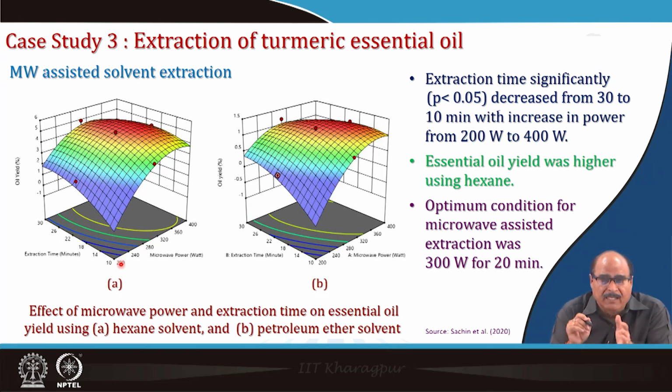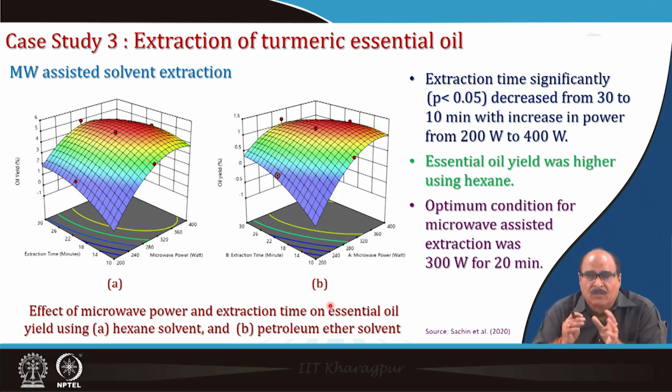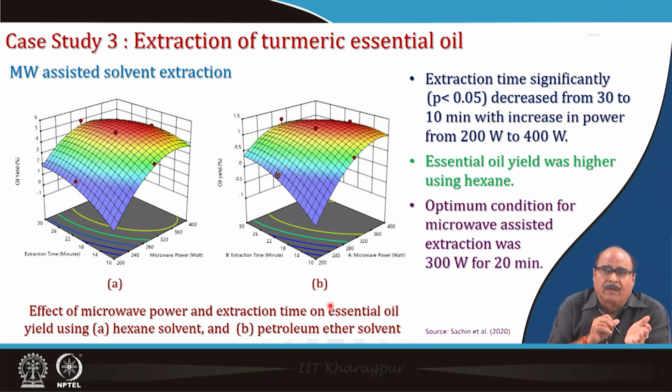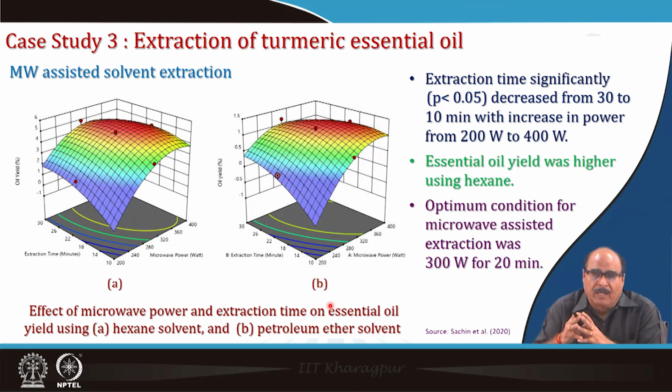Here it is the extraction of turmeric essential oil, that is microwave assisted solvent extraction, the effect of microwave power and extraction time on essential oil yield, when hexane is used as the solvent, and in the other case petroleum ether is used as a solvent. In both the cases you can see from the RSM surface plot that extraction time significantly decreases from 30 to 10 minutes with the increase in the microwave power from 200 to 400 watt.